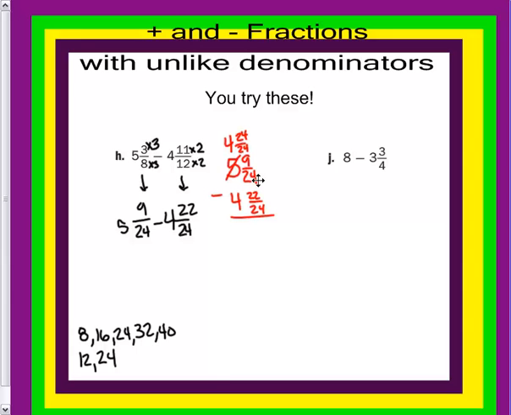And so I get 24 and 9, which is 33/24ths. And so that makes 4 and 33/24ths. This would be 4 and 22/24ths. So when I subtract, I get 9/24ths. Now, can 9/24ths be simplified?